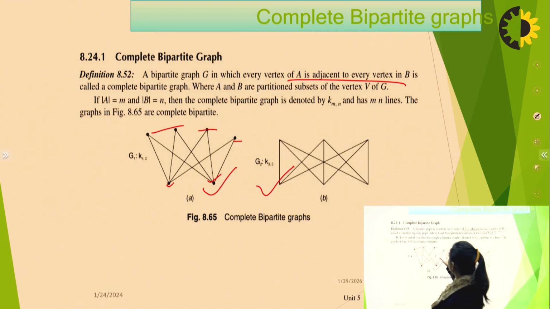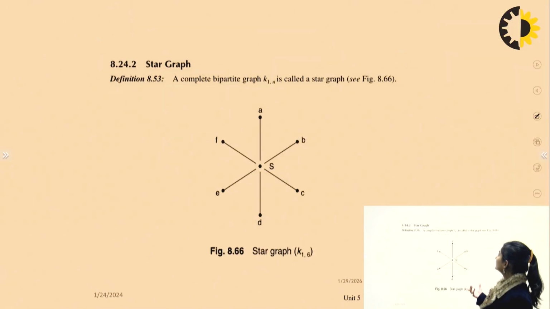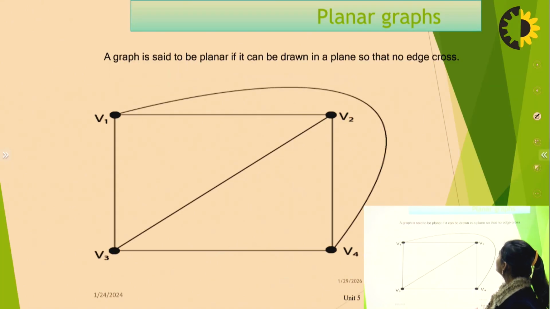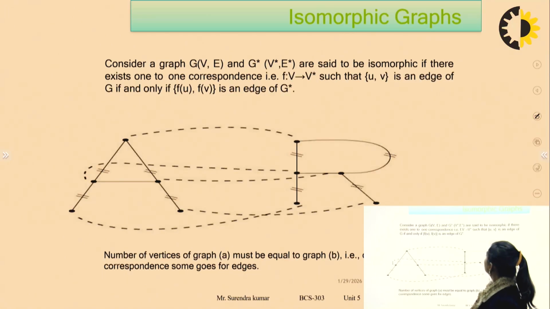It's all adjacent here and you can also partition it. Star graph, a complete bipartite graph K1n is called a star graph. A graph is said to be planar if it can be drawn in a plane so that no edge cross, it's a planar graph, right? You can also spread it into regions.